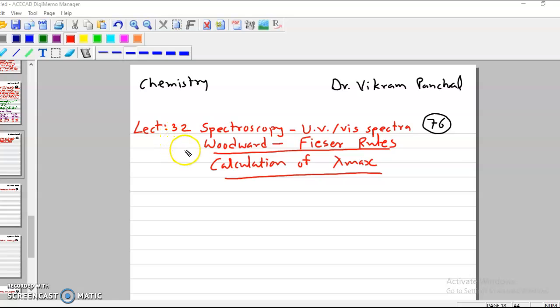In this lecture I will explain Woodward-Fieser's rules for calculation of lambda maxima.